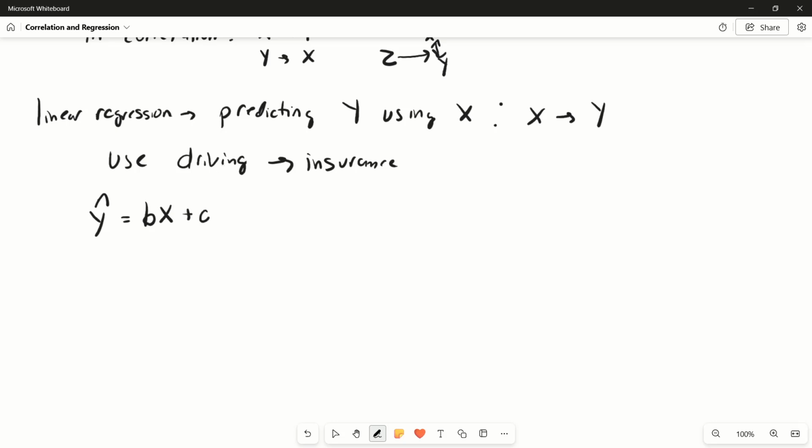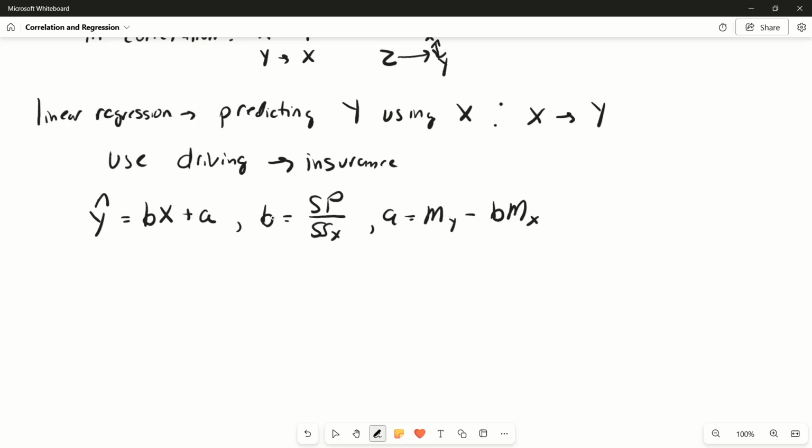Plus a, the y-intercept, the point at which the line crosses the y-axis when x is 0. Right. So we need to find b and we need to find a to calculate this regression line. B is equal to the sum of the cross products over the sum of squares of x. And A is going to be equal to the mean of y minus the slope times the mean of x. So we're going to have to find the mean of y and mean of x, but that's pretty easy to do.